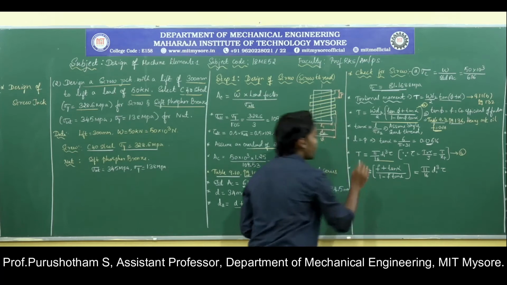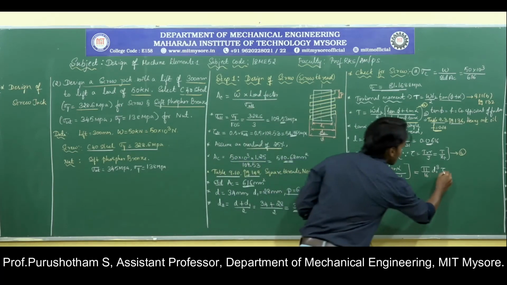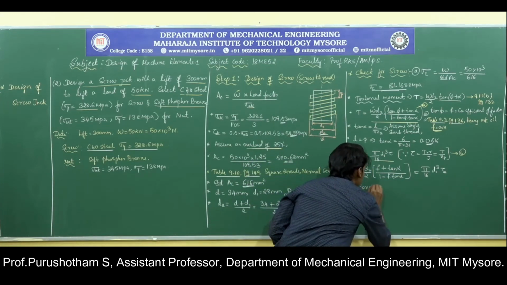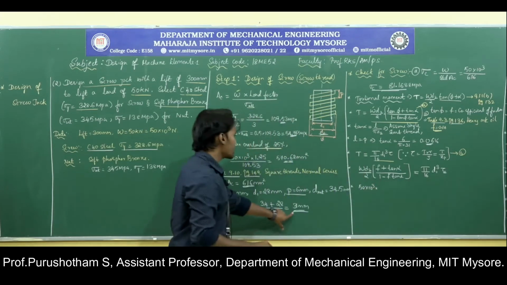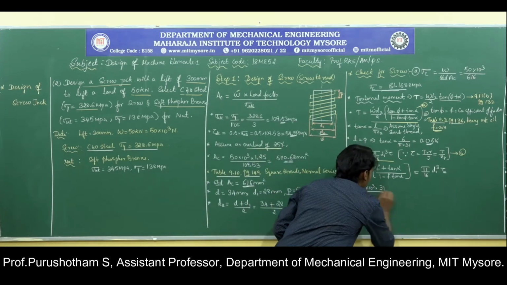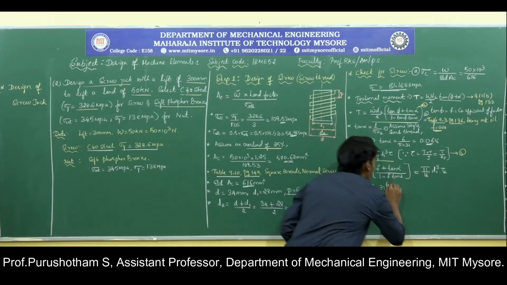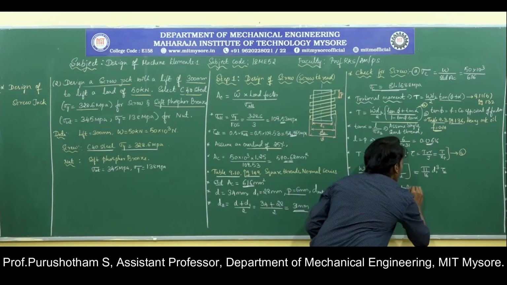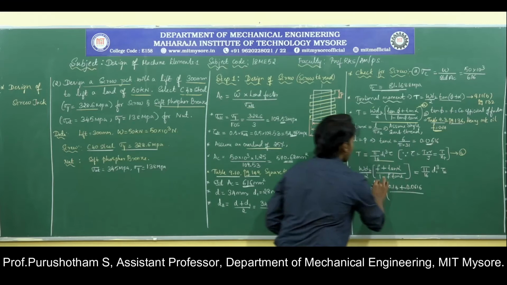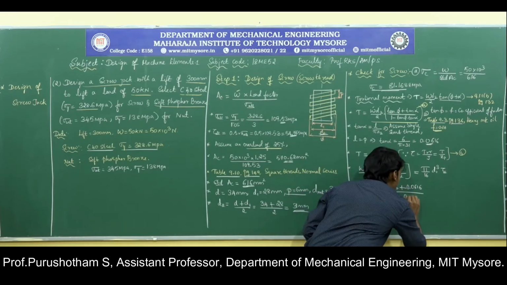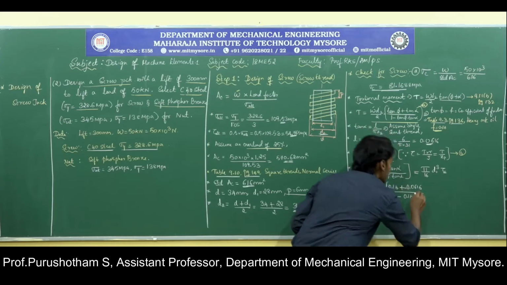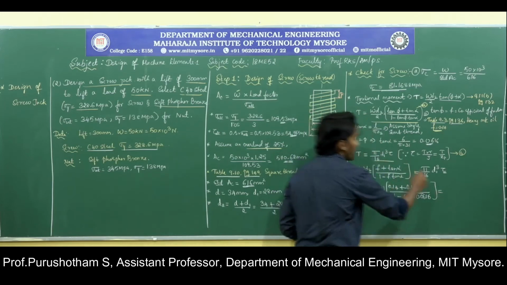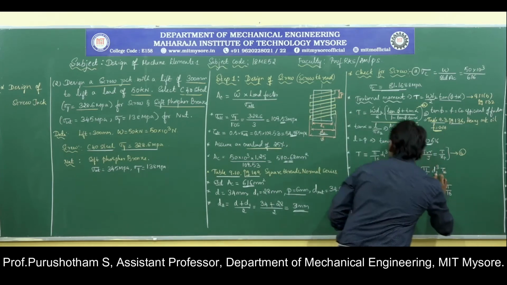Now I am going to substitute the values and simplify to calculate the shear stress induced. W is 50 into 10 power 3, d2 is 31 by 2, F is 0.14, then tan alpha is 0.0616, then 1 minus F is 0.14 into tan alpha is 0.0616, equals pi by 16 d1 cube.